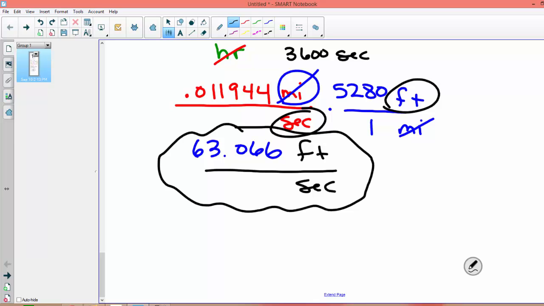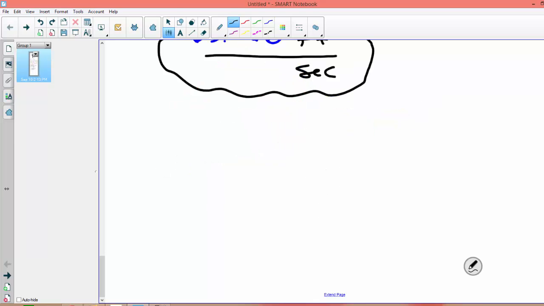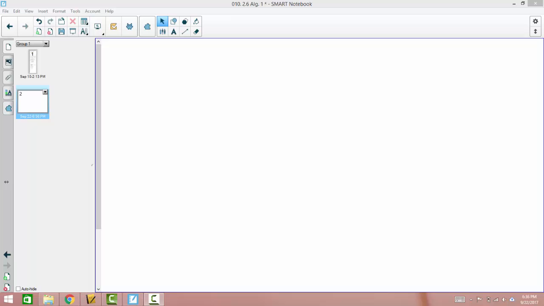All right, and then the other little thing for these conversions is the metric table. I think you're doing this in science right now. So if you have meters, you have centimeters, decimeters. In science, you are going to be doing the metric conversion table very shortly, unless you've done it already. And I'm just going to sort of explain what that means.